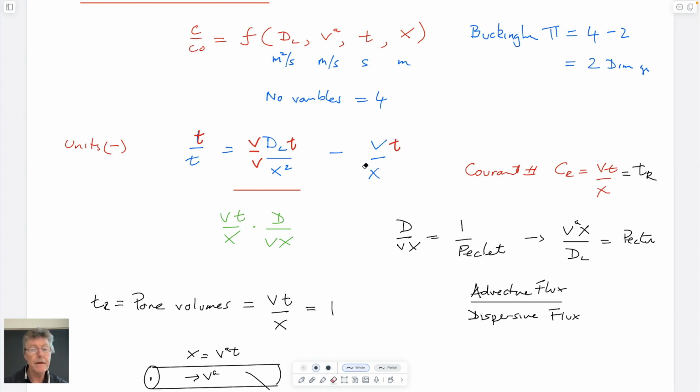One is this. This is called a Courant number after a well-known mathematician. I think the Courant Institute at New York University is named for him. And it's the advective velocity times time divided by the distance downstream.